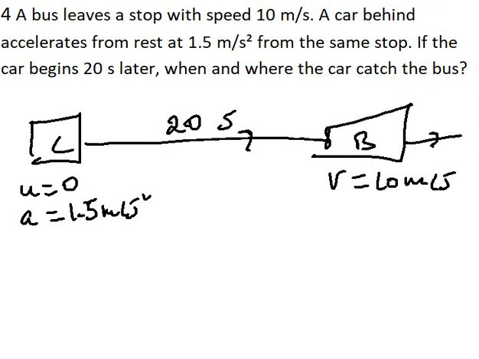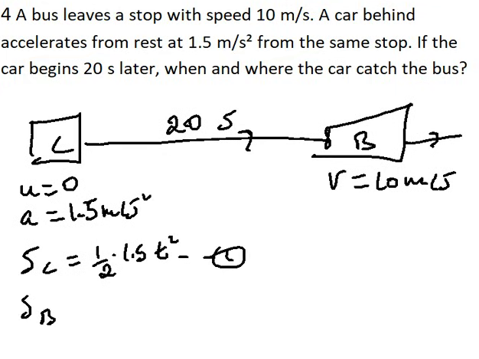For this case, using the displacement formula, SC will be given as half times 1.5 t squared. You just have to divide that, and that is equation 1. And SB will be 10t. That is equation 2.